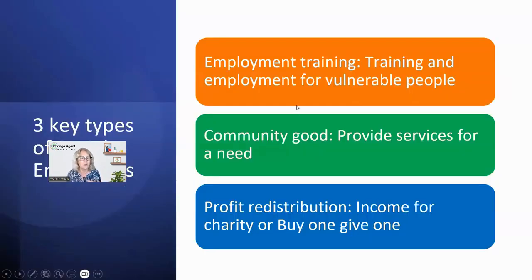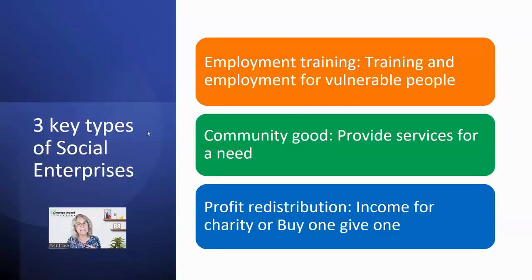And then we have the 3 key types of social enterprises. Now, there are about 17 different types, but I'm just giving you the 3 key types. The first being employment training, where there is a social enterprise set up to provide training and employment for vulnerable people. So often that could be a cafe that employs unemployed people or people with a disability.